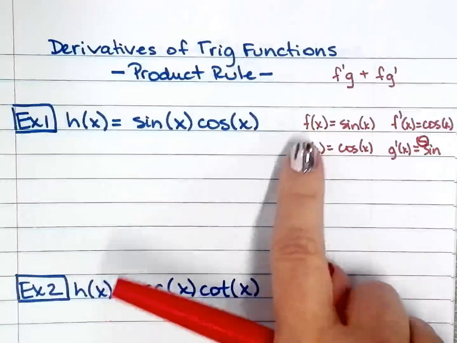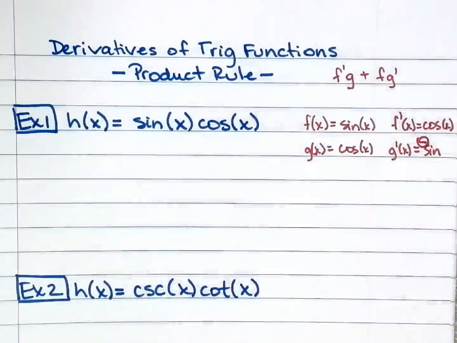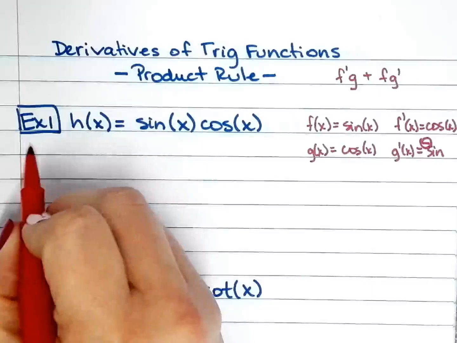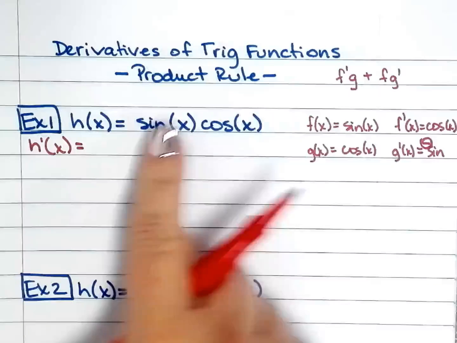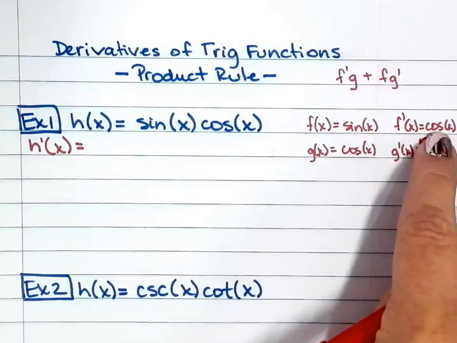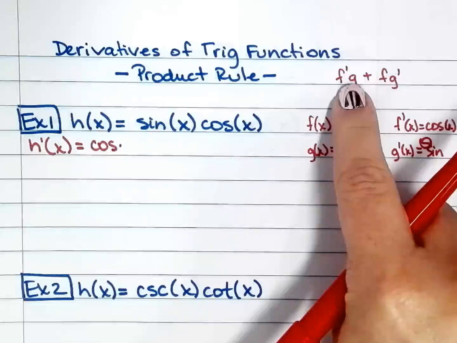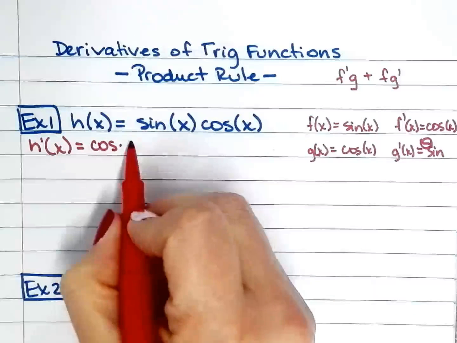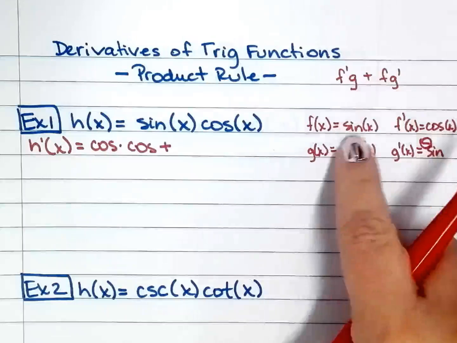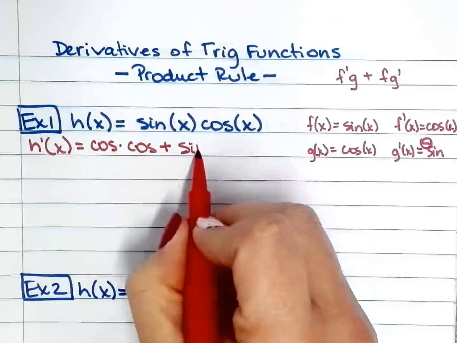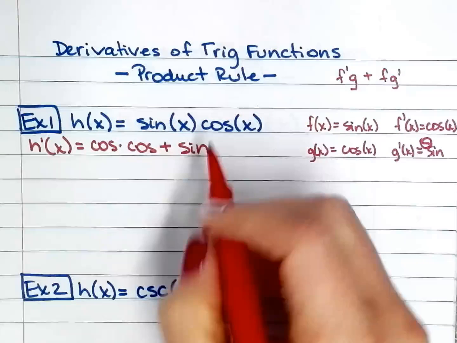Okay, now that I have f prime and g prime, I'm going to apply them to that formula. So therefore, h prime of x will be f prime, which is this one, cosine of x, times g, which is right there, cosine of x, plus f, which is sine, times g prime, which is negative sine.